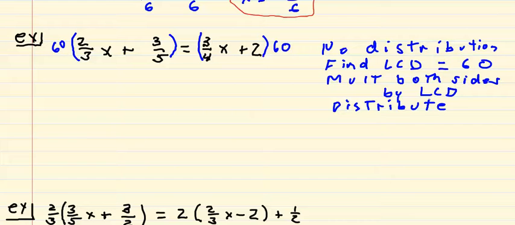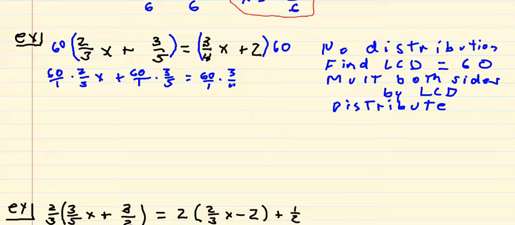And I'm going to show this. I'm going to distribute, then cancel. So I have 60 over 1 times 2/3 x plus 60 over 1 times 3/5 equals 60 over 1 times 3/4 x plus 60 times 2.